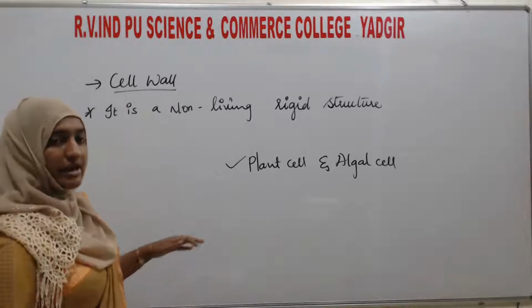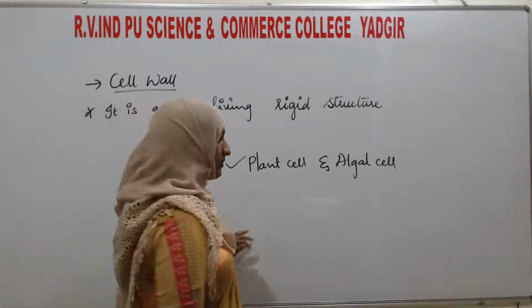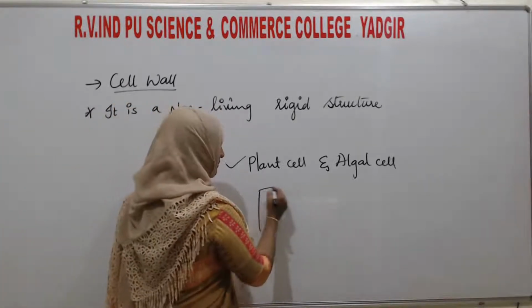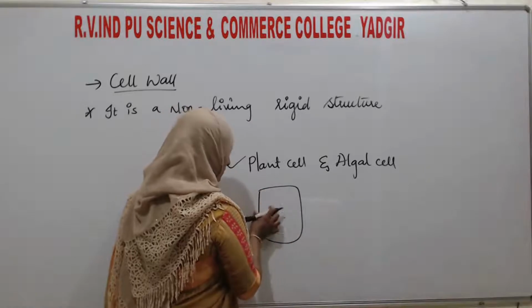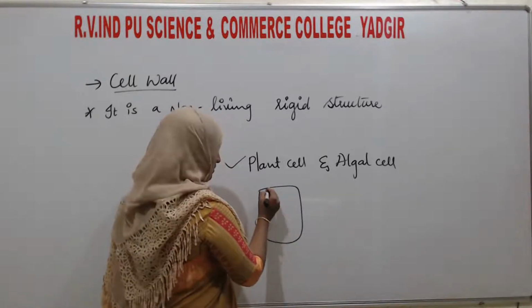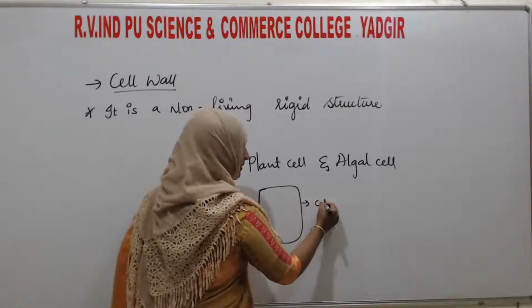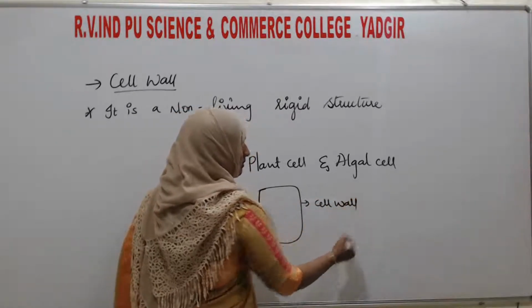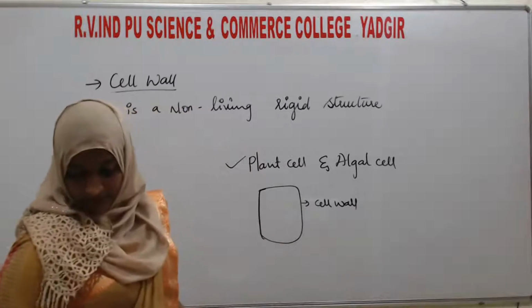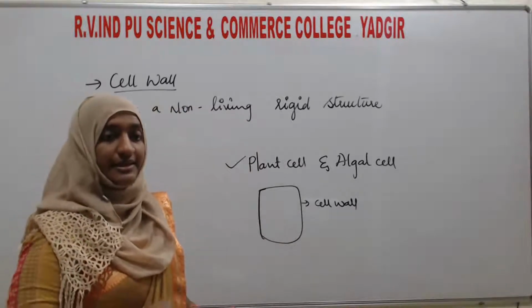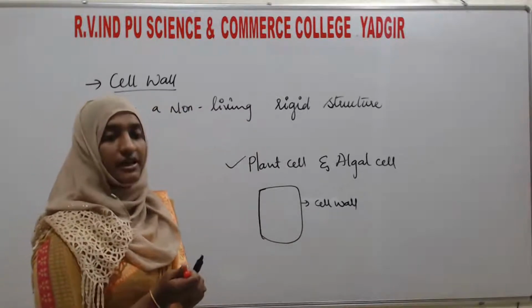In the plant cell and in the algal cell, you see, this is the cell wall, which is present at the outer side of the cell.